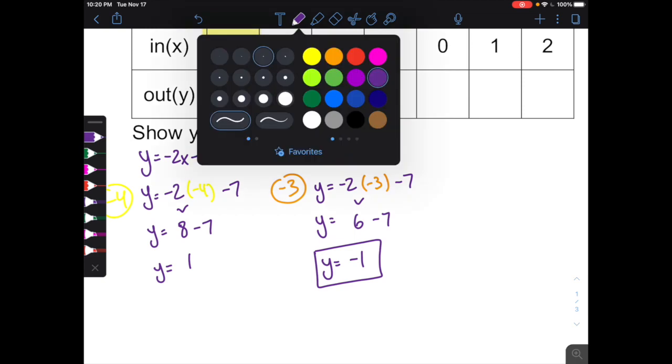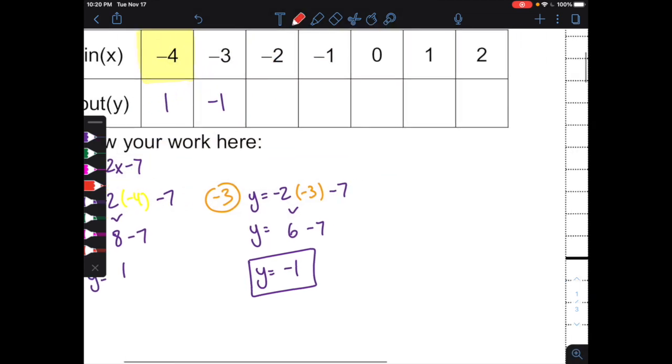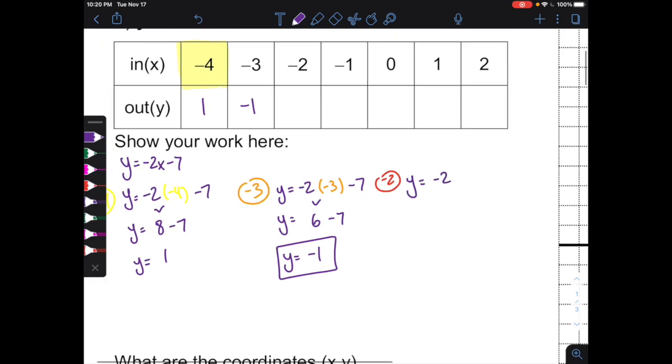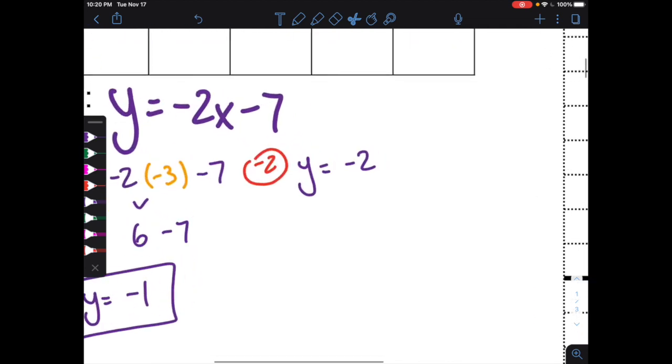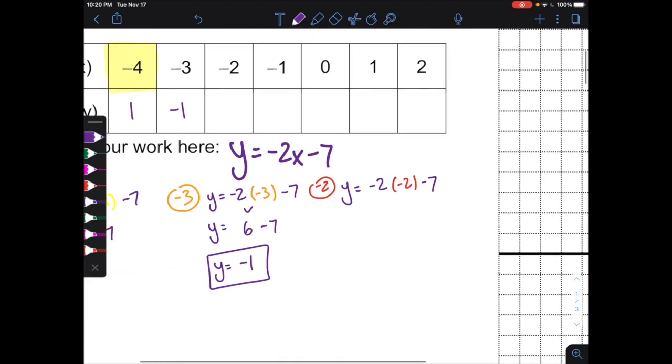We'll keep going on. Let's go ahead and use red. Negative 2. y equals negative 2, right? Remember our rule here. I'm just going to move this over. Technically, I can make it bigger, just so you know that's the one we're using. y equals negative 2 times negative 2 minus 7. So where did I get this red negative 2?